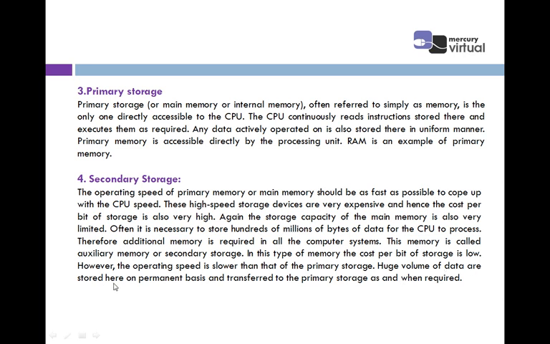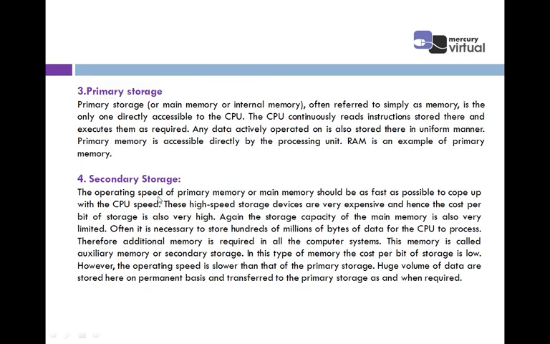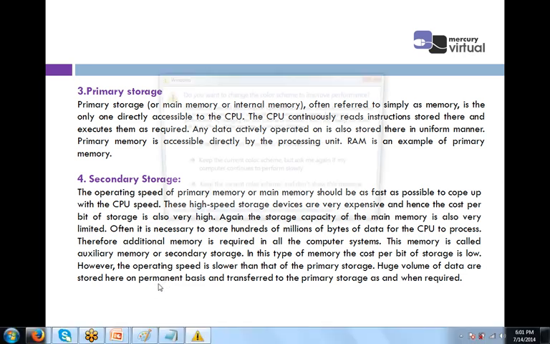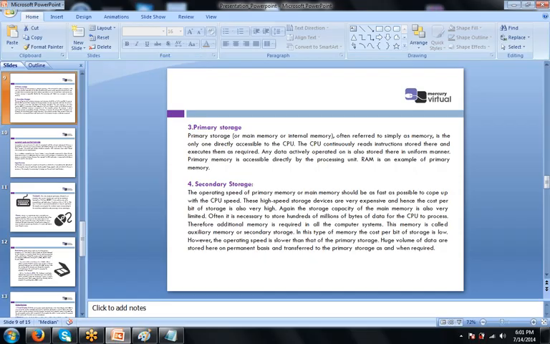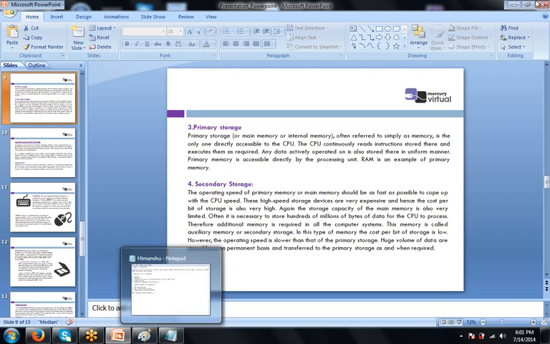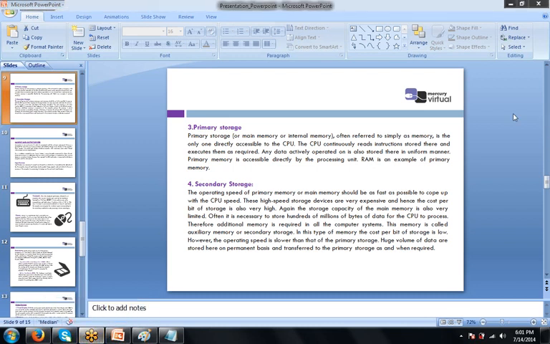Huge volume of data are stored here on a permanent basis. As in the previous slide, the register is used for temporary storage, and cache memory is used for temporary storage. But secondary memory is on a permanent basis. This is the main point, that it is used on a permanent basis. And data is transferred to the primary storage as and when required.